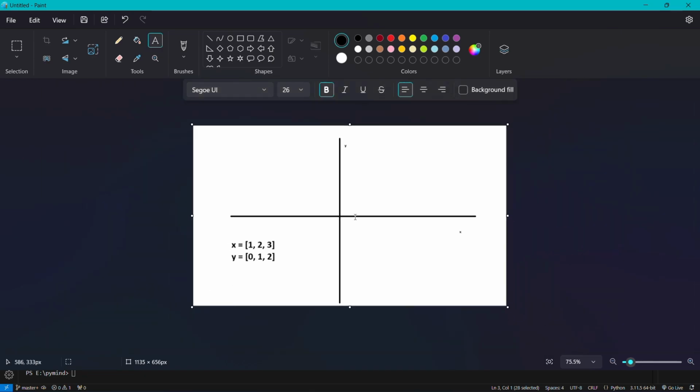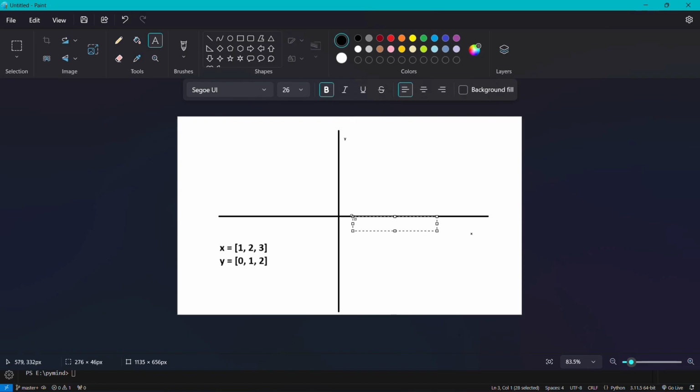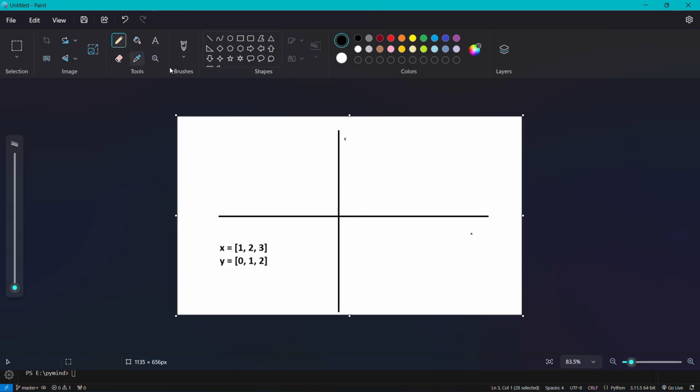Your x here is 1. So let's take a pencil. Suppose this is 1, this is 2, this is 3, and this is our y0, y1, y2. Let's put some more. Now if x is 1, then our y is 0, that is, this is our line.